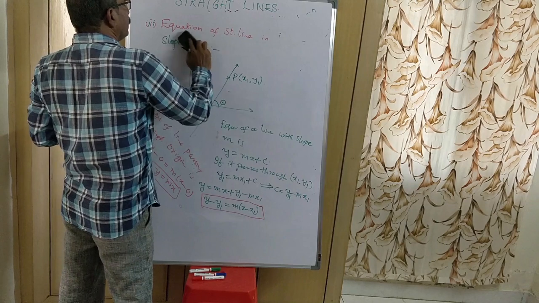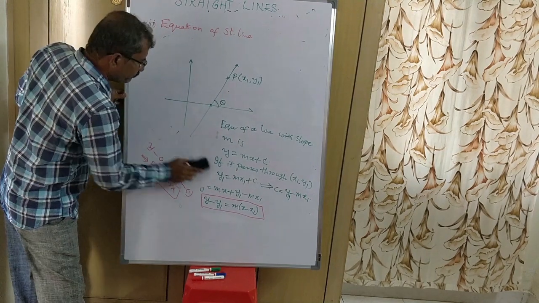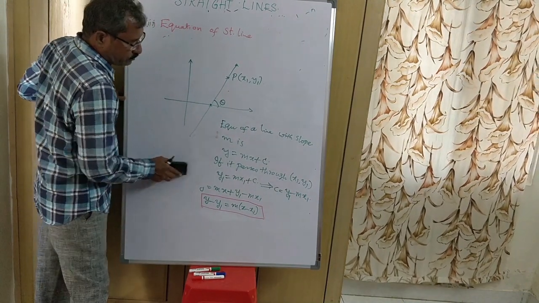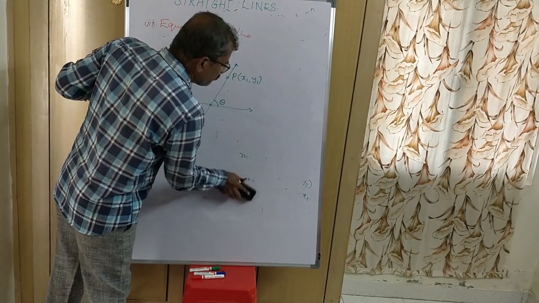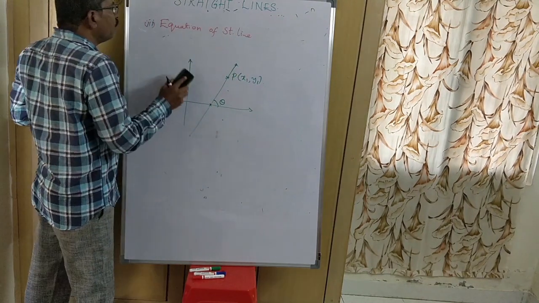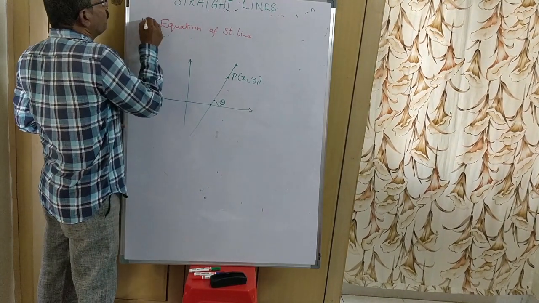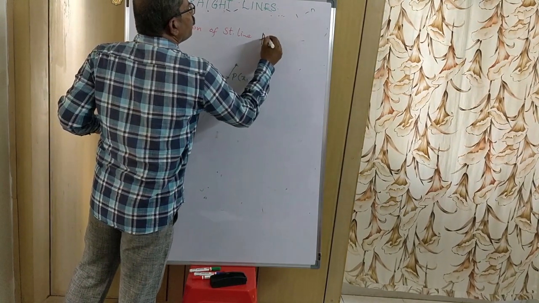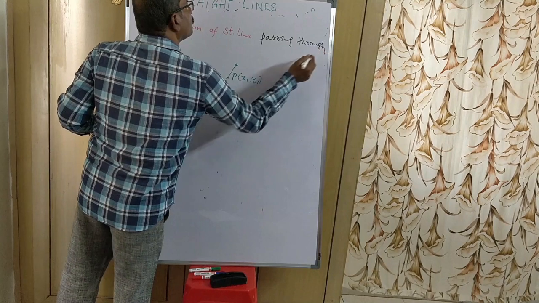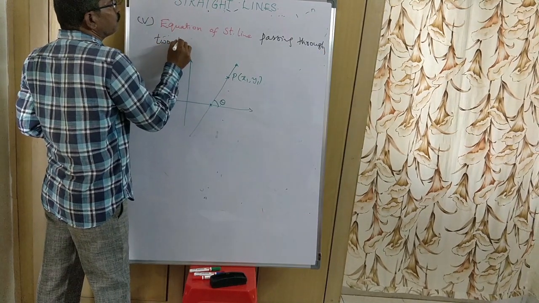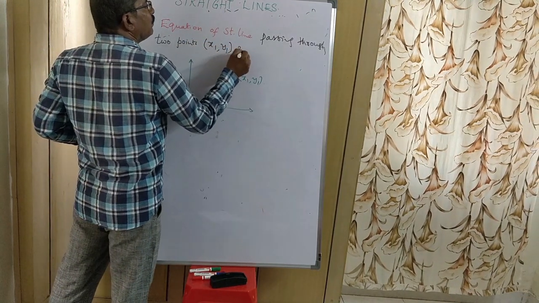Equation of straight line, fifth one, equation of straight line passing through two points x1 comma y1 and x2 comma y2.